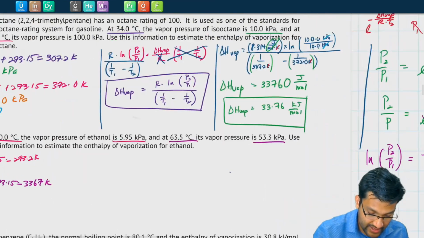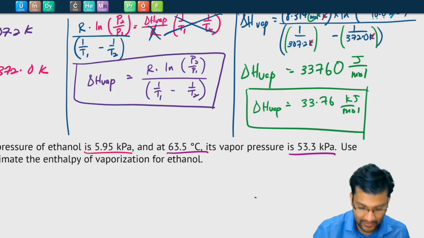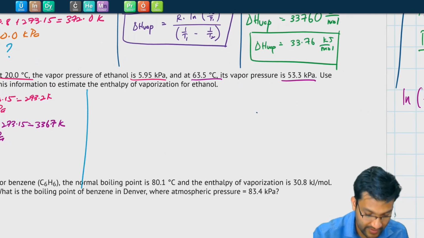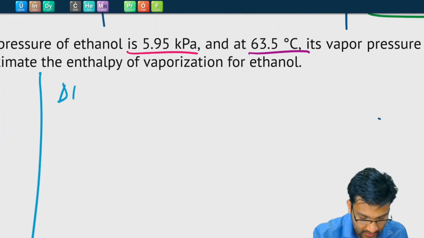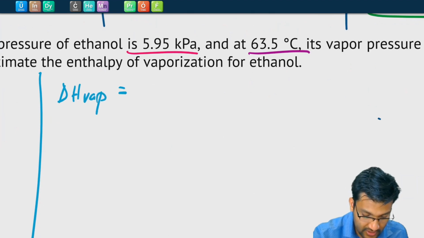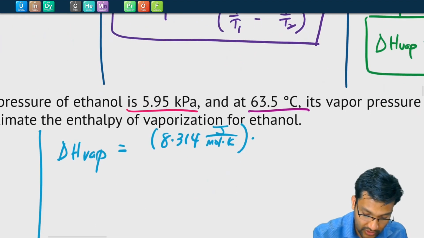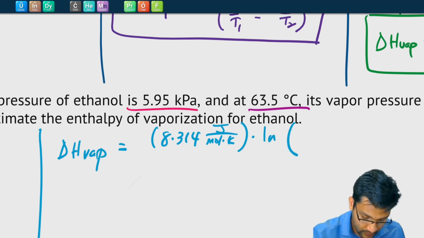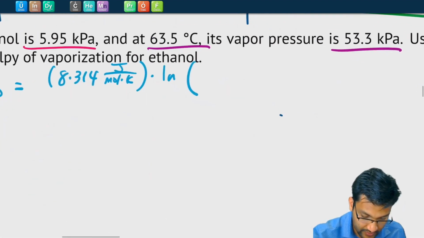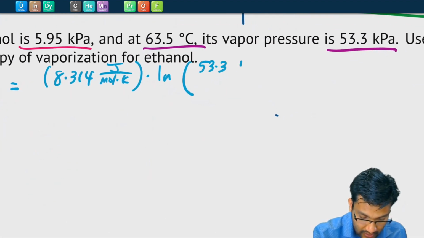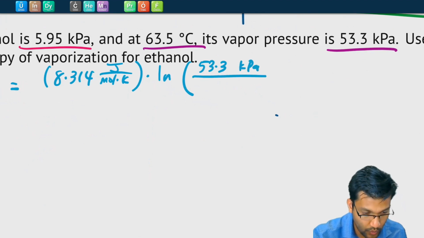Now, we already have the equation up here, so I'm not going to write or derive that equation again, because it's right there. So we know that delta H of vaporization will be R, which is 8.314 joules per mole per Kelvin, multiplied by natural log of P2, which is 53.3 kilopascals, divided by P1, which was 5.92 kilopascals.